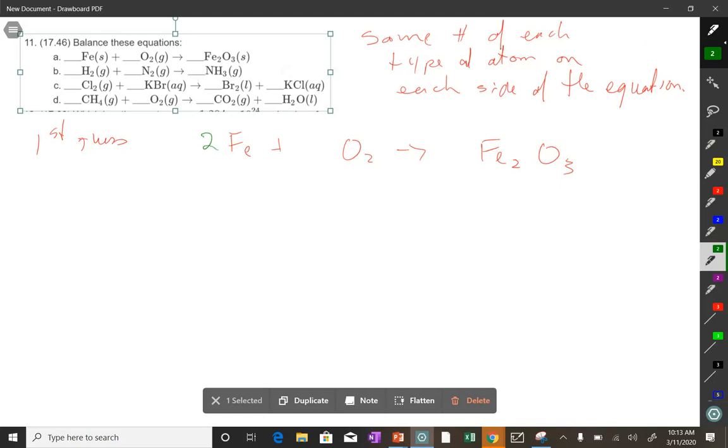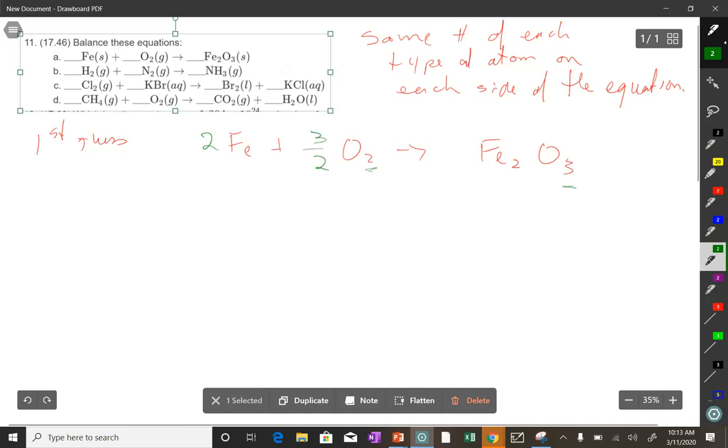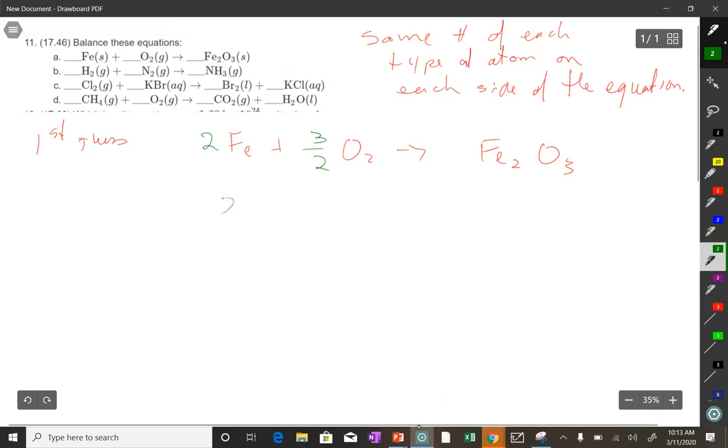But since this is 2 and this is 3, if I multiply this by 3 halves, then it would be balanced. Then I would have 2 irons and 3 oxygens.